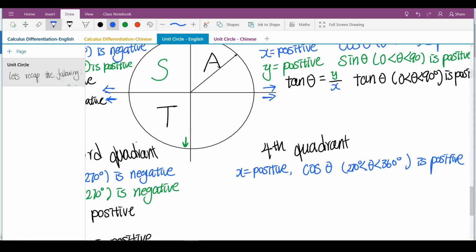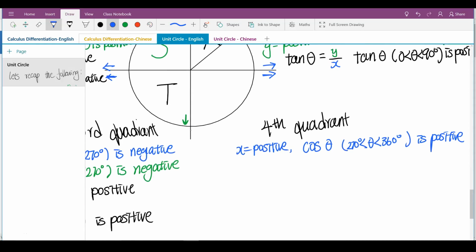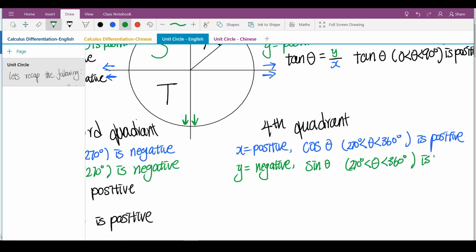And the y value is still negative. Therefore, sine theta, given that theta is less than 360 degrees and more than 270 degrees, would be negative. Almost said positive there.